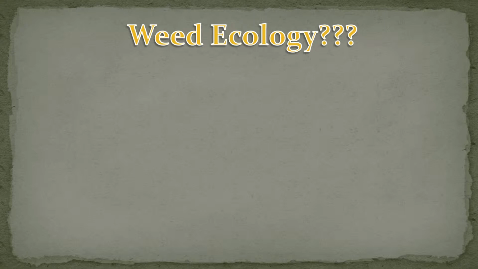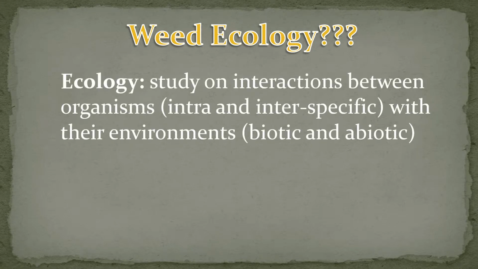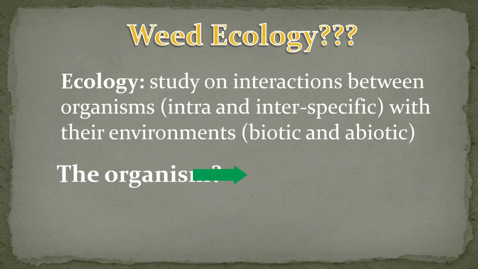I'm sure by now you are already familiar with the concept ecology. Ecology is the study on interactions between organisms with their environments. So wheat ecology differs only in that the organisms being studied are wheat.